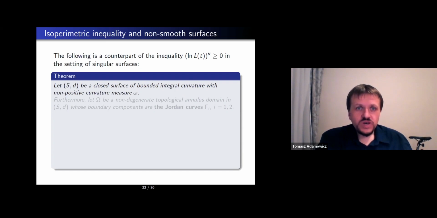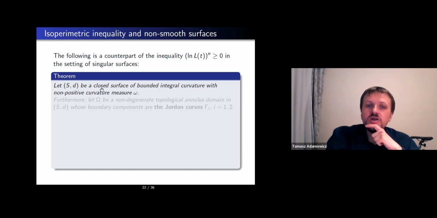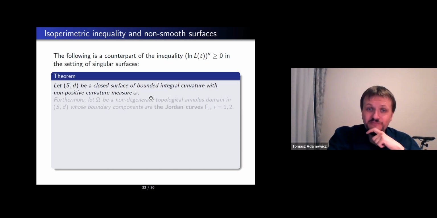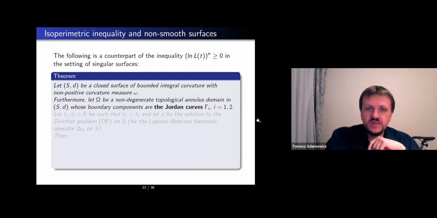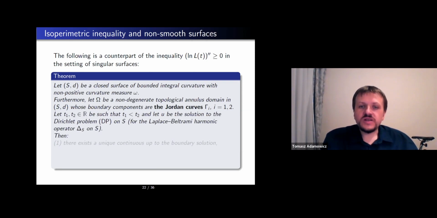All right, so we are now in a position to state the counterpart of the isoperimetric inequality on singular surfaces. Let (S, d) be a closed surface with bounded integral curvature with non-positive curvature measure omega. Then we consider Ω, a non-degenerate topological annulus in S with boundary components being Jordan curves. And then we consider the same Dirichlet problem as in previous results.